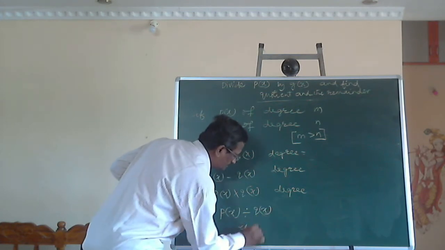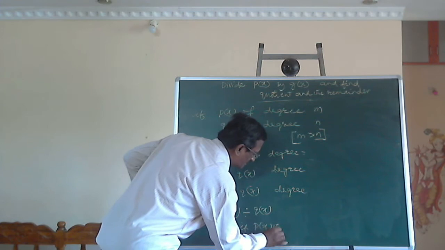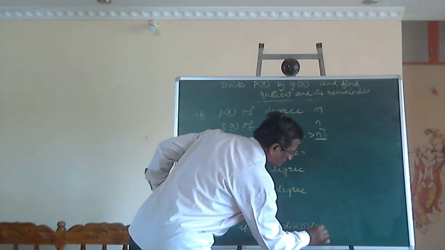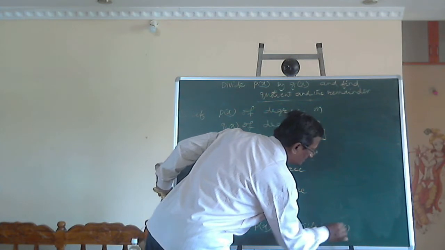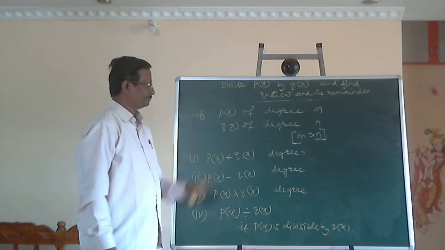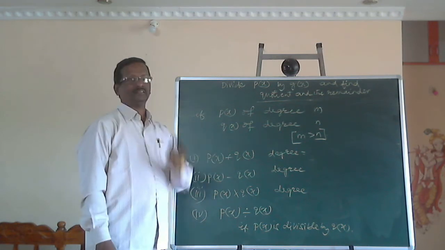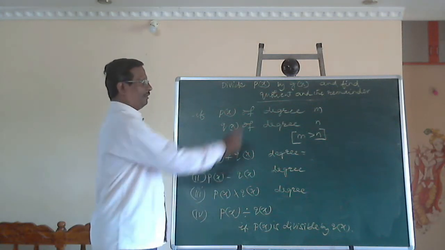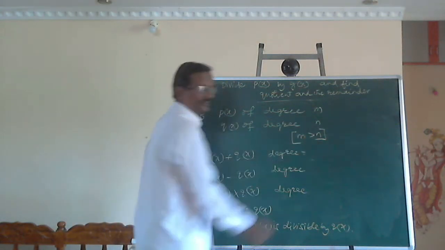If Px is divisible by Qx, Px plus Qx degree is not m plus n. It is exactly the greater degree of m and n. It is already given m is greater.